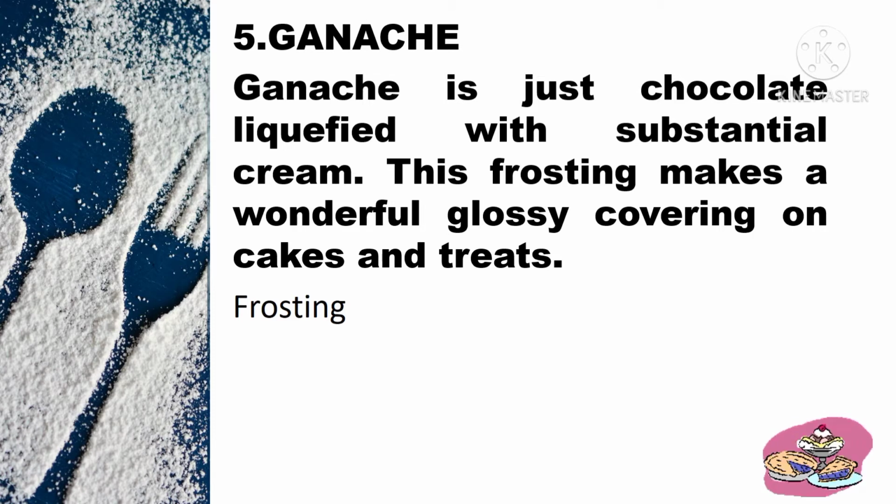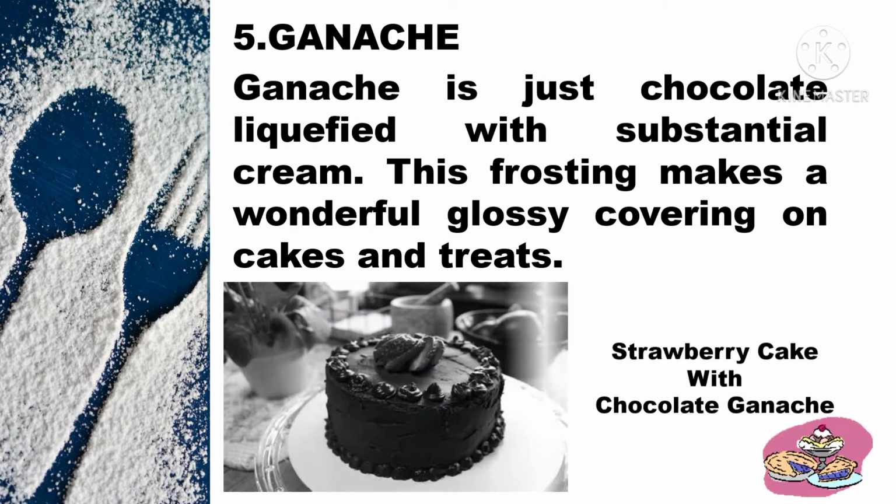If you chill it and beat the ganache until it's fluffy and firm, then shape the blend into balls, you will end up with truffles. You can likewise chill and beat the ganache and utilize the fluffy result to quickly ice a layer cake. Example of this is what we call strawberry cake with chocolate ganache.